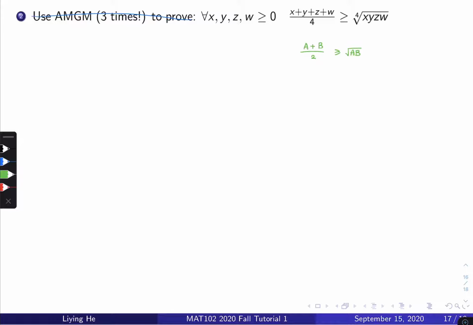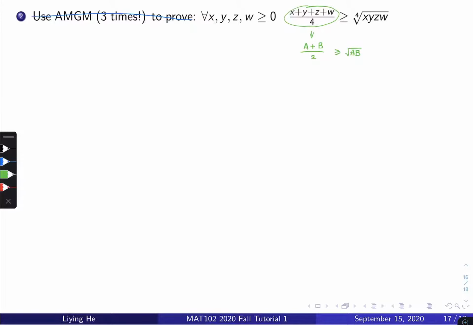As you can see here, we have 4 terms, but AGM only has 2 terms. So for my rough work, I want to write this side of the inequality to make it look like AGM. So I'm going to turn this into something like this. That's my first step.